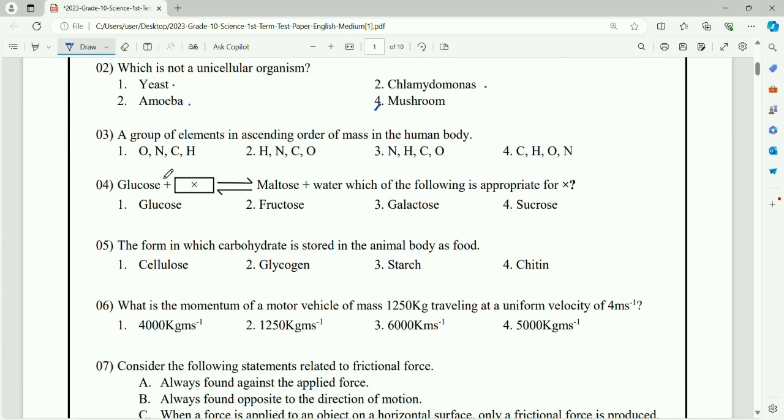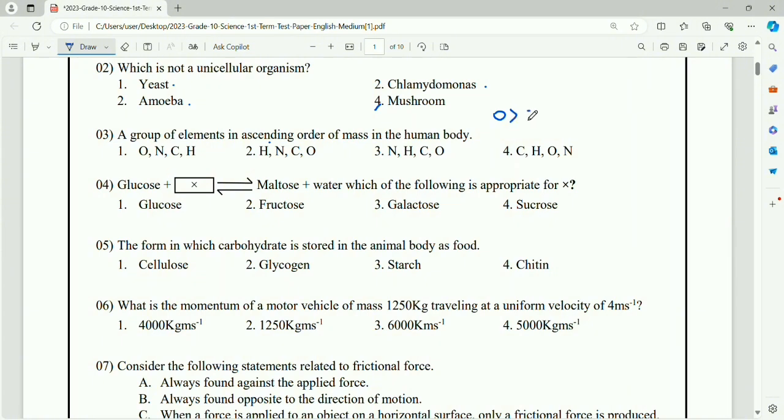Then move to the next: a group of elements in ascending order of mass in the human body. Ascending order means increasing from minimum to maximum. We generally know that O is maximum.